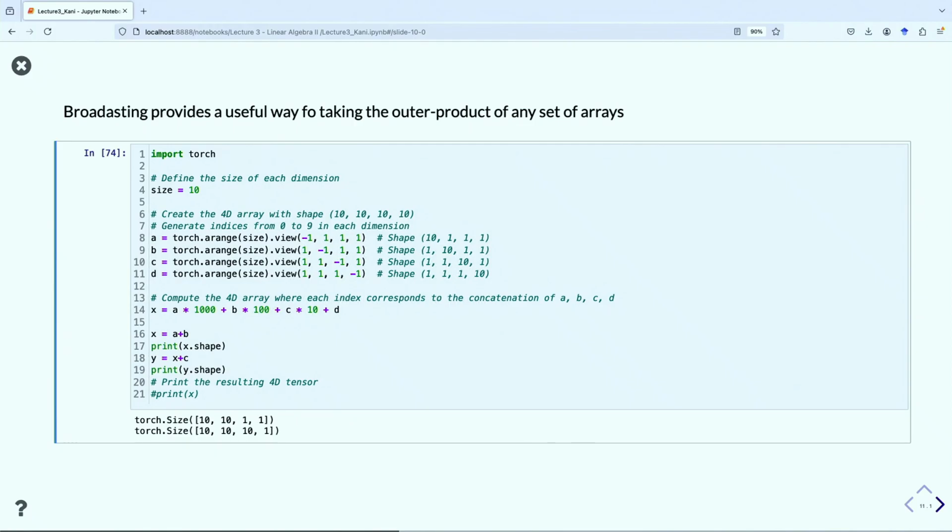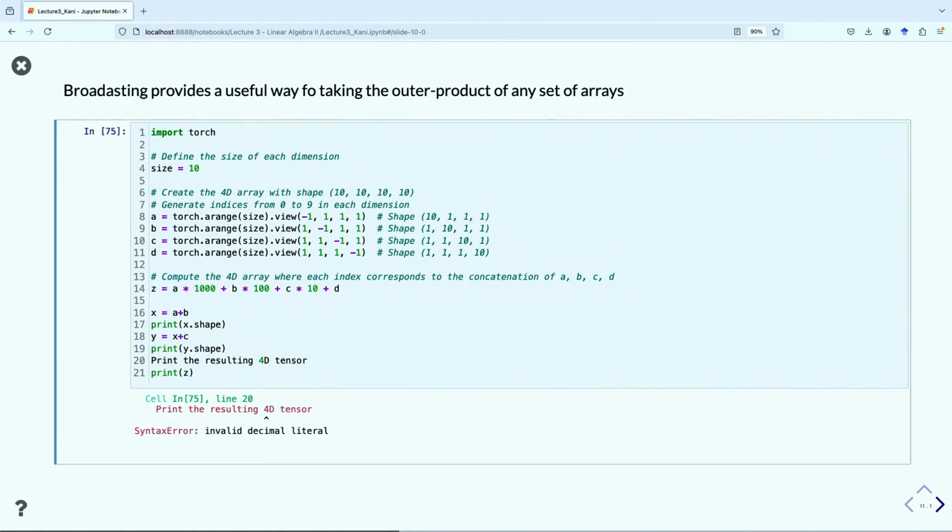So again, x was stretched along dimension 2, and C was stretched along dimensions 0 and 1. And then we add them all together. We add D to get an actual tensor, let's call it z. To get z, oh, what did I do?